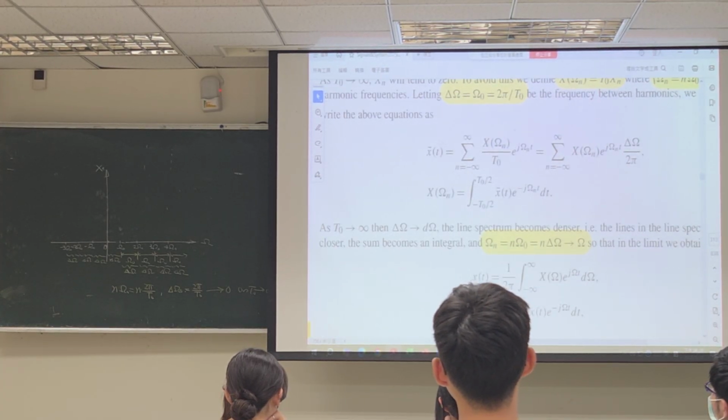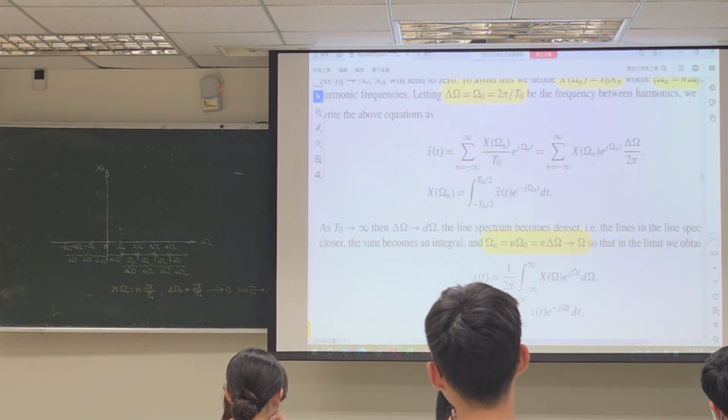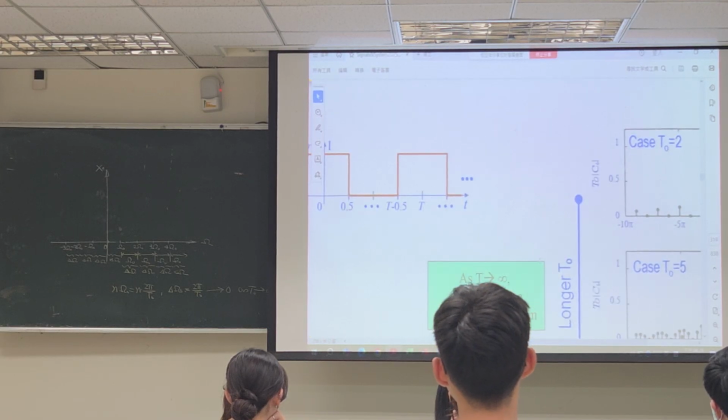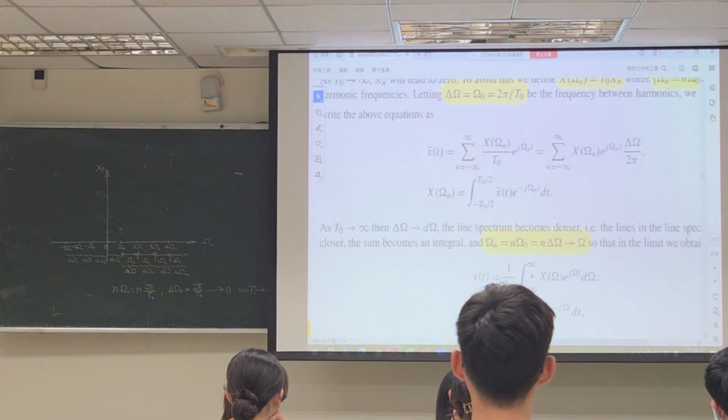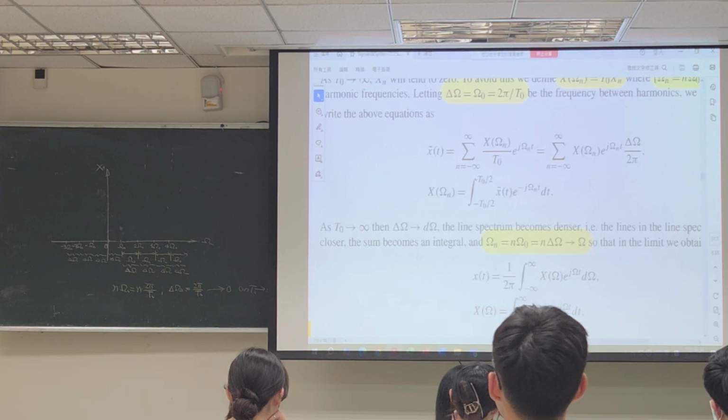So the summation can now be replaced by integration.